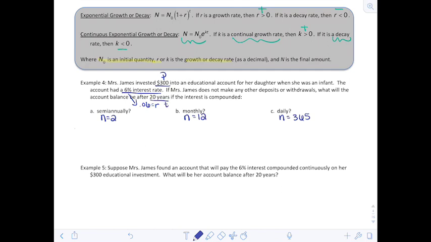So if we plug this all in, we get our amount to equal 300 times 1 plus 0.06 divided by 2, and then raised to the 20th power. When you go to your calculator, be very careful as you enter these in. I like to work from the inside out. If you watch as I highlight, I would do the 0.06 divided by 2, hit enter. Then I would add 1, hit enter. Then I'd raise that to the 20th power.